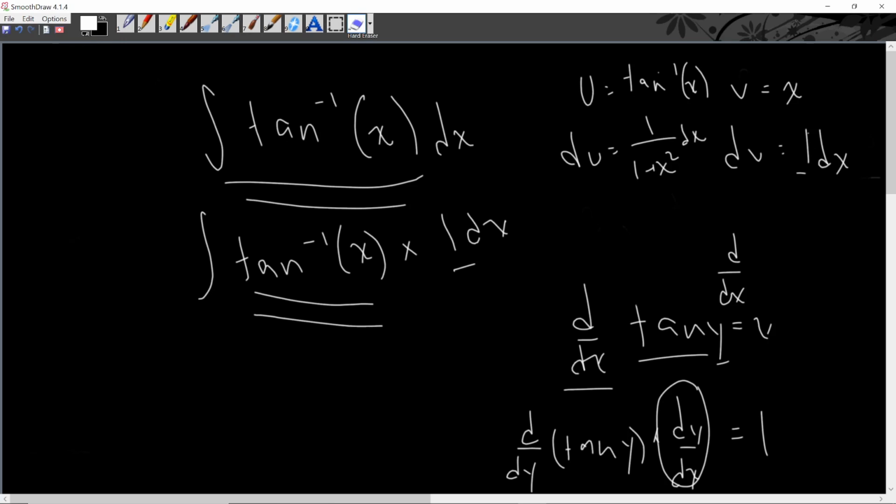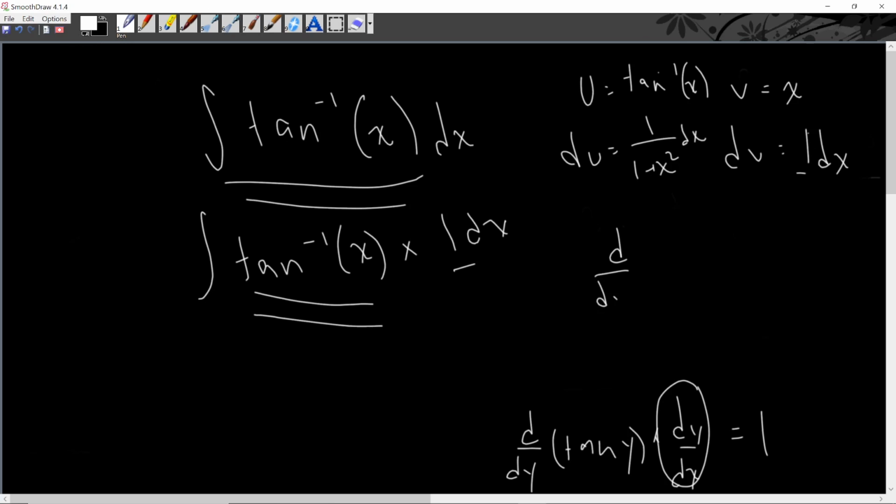So d dy of tan y, we actually did this. It's not really a proof, it's more just a worked example, but it's just quotient rule, sine x over cosine x, and you would get secant squared. So maybe for this one it'd probably be easier to just have it as 1 over cosine squared. Not d dy, it's going to be just dy dx.